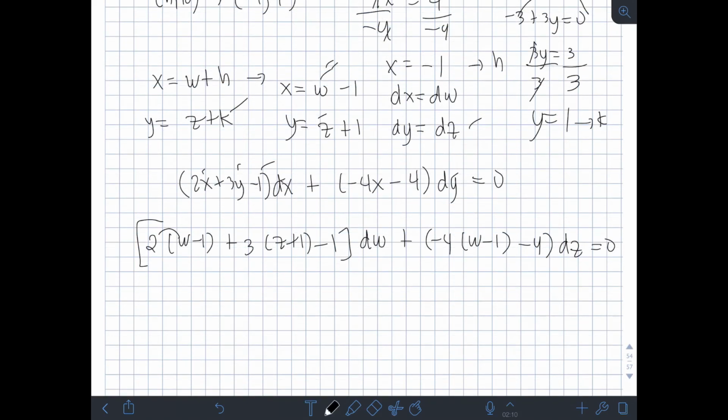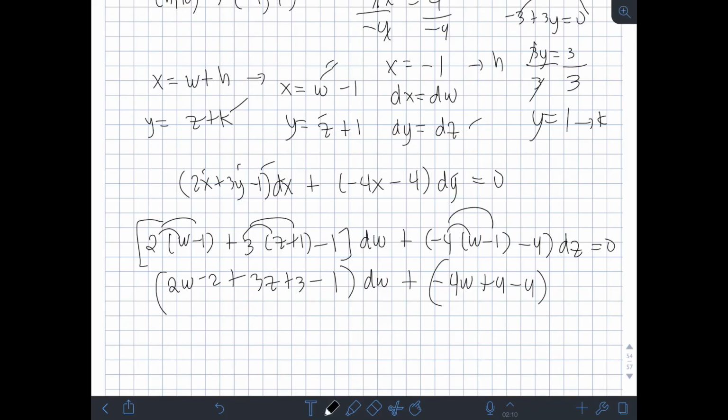So, magiging distribute 2w minus 2, plus distribute then 3z, plus 3 minus 1. Times dw plus distribute negative 4w plus 4 minus 4 dz equal 0.